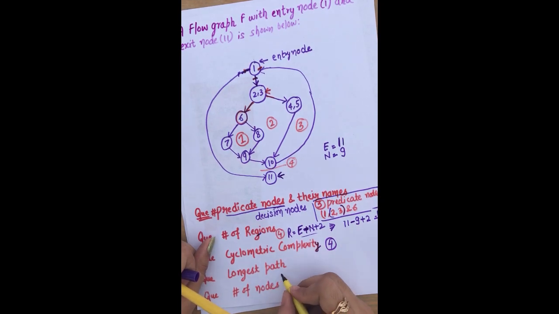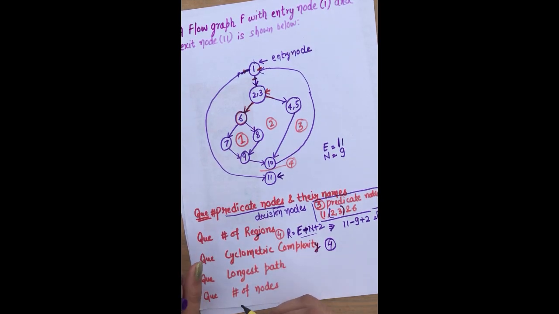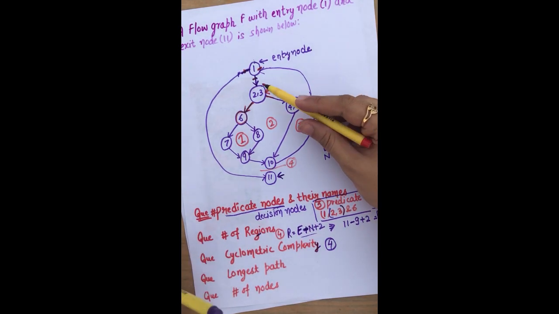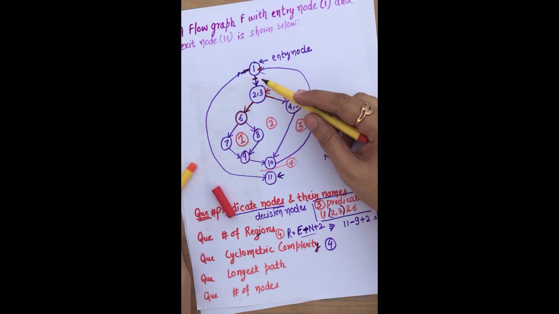Now the longest path. You have to check the paths and tell which is the longest path in this flow graph.